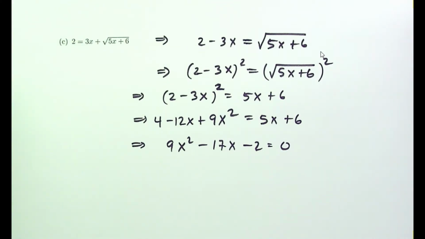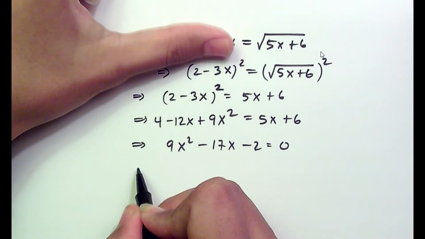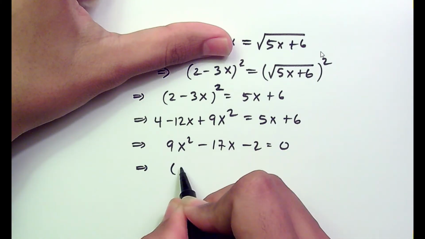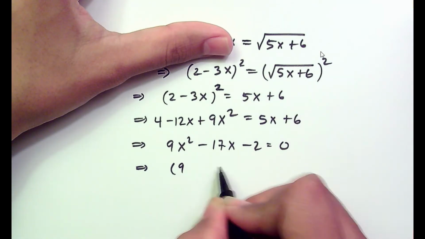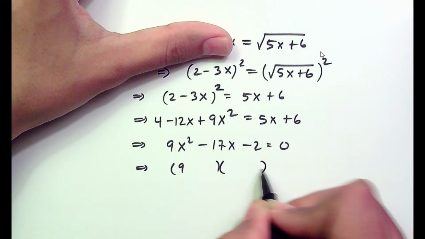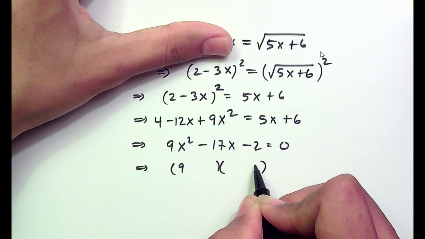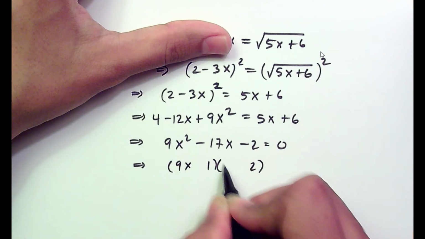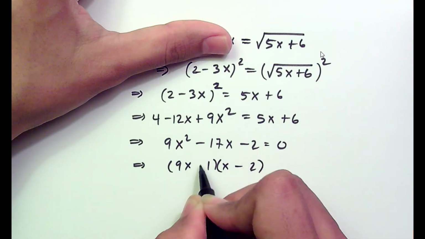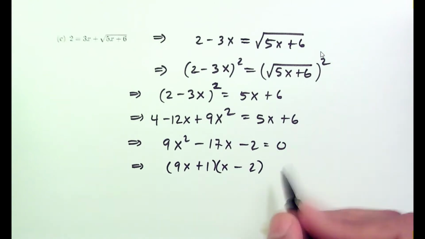And then we need to solve that. You can solve this any way you want: quadratic formula, factoring, anything. Doesn't matter. I think this factors. I think that factors like that.